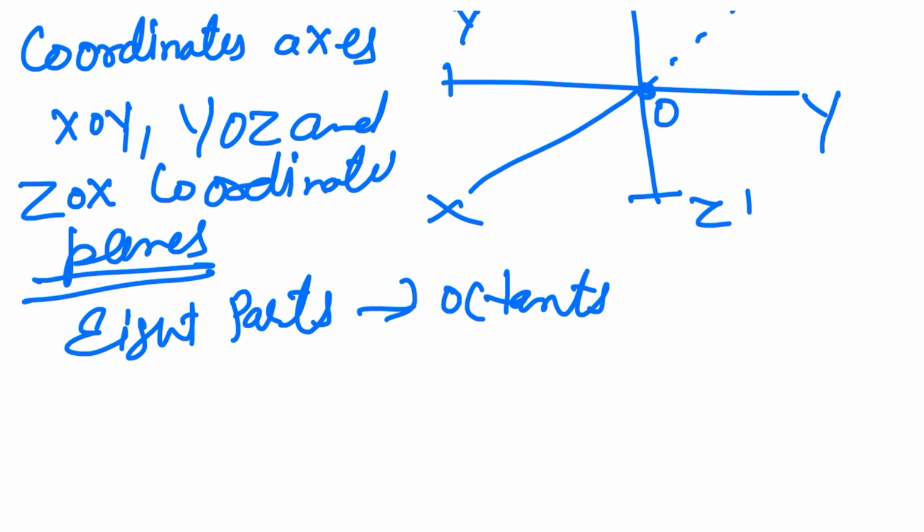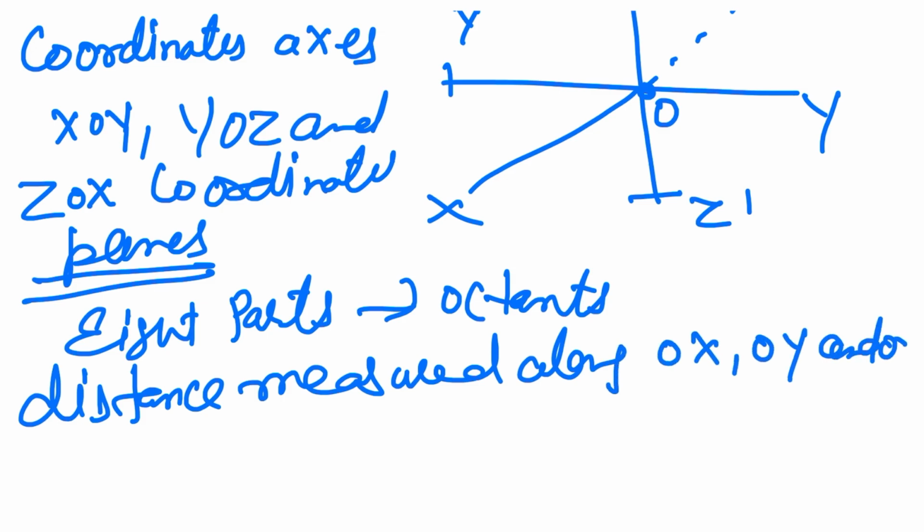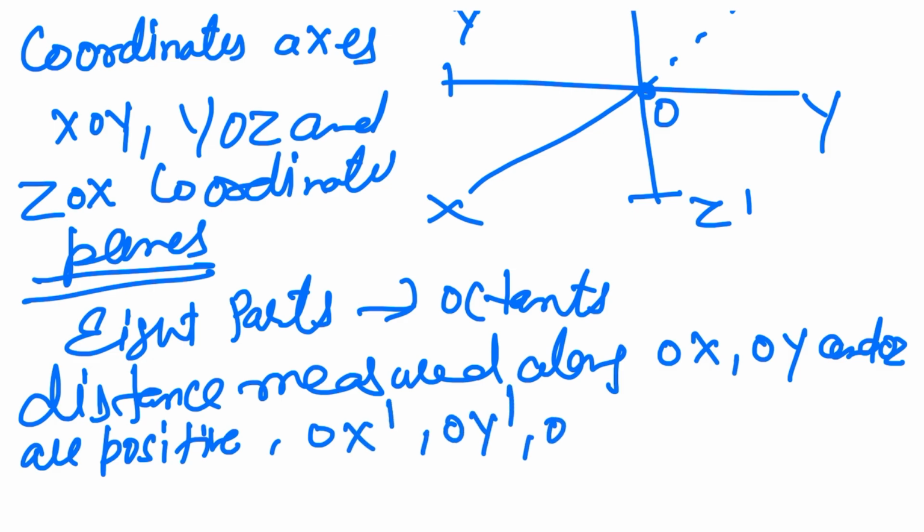The distances measured along OX, OY and OZ are positive, while distances measured along OX dash, OY dash and OZ dash are negative.